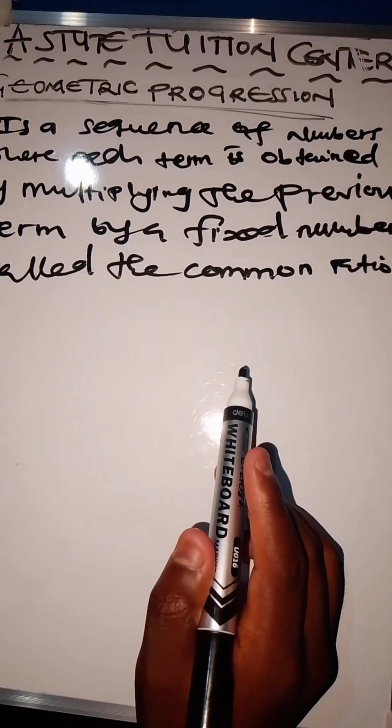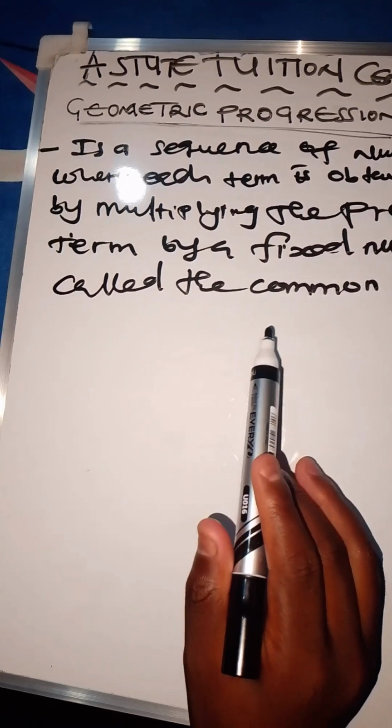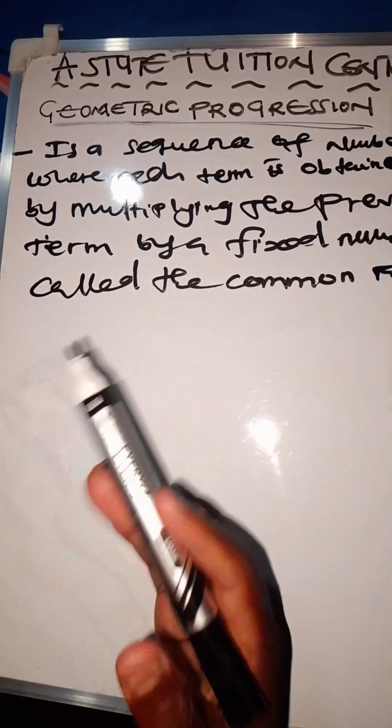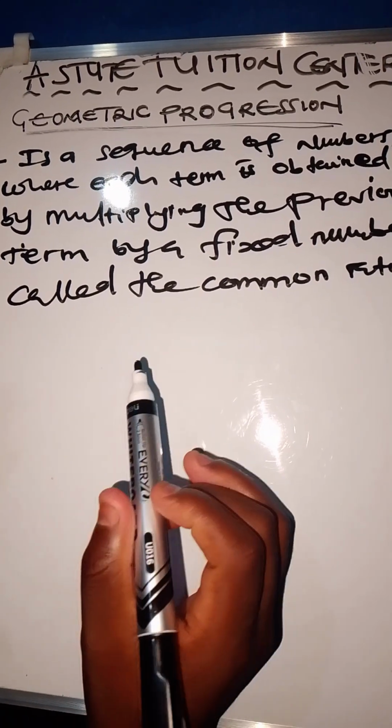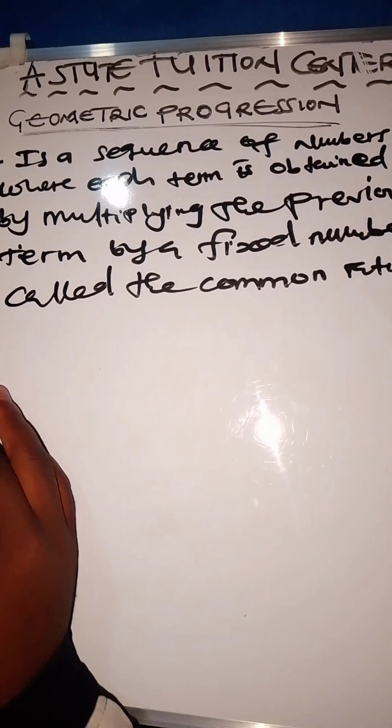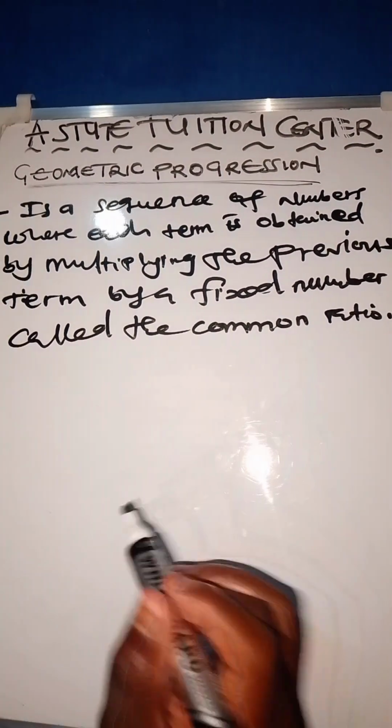So this is the definition. Geometric progression is simply a sequence of numbers where each term is obtained by multiplying the previous term by a fixed number called the common ratio.